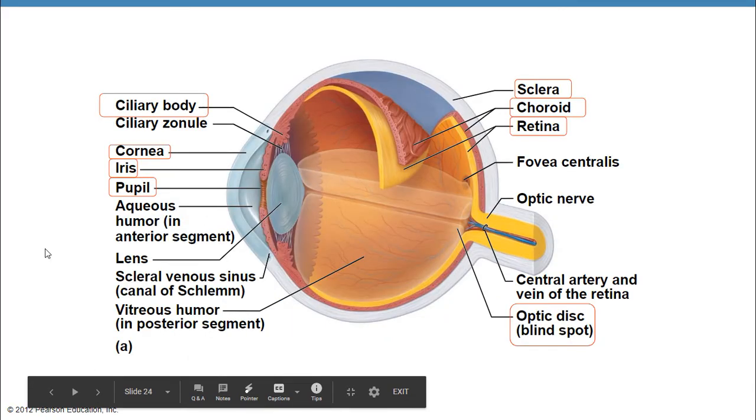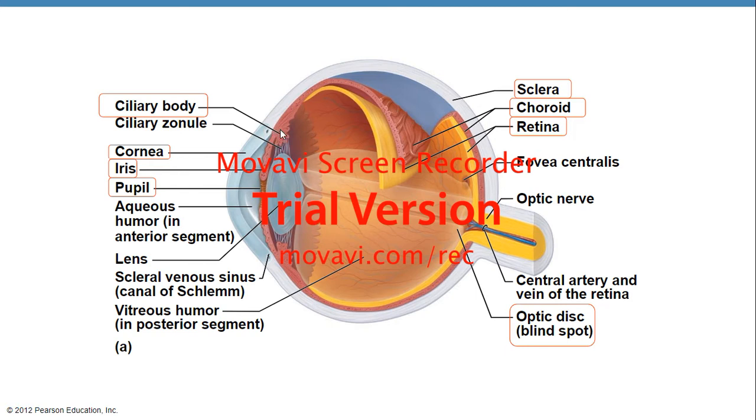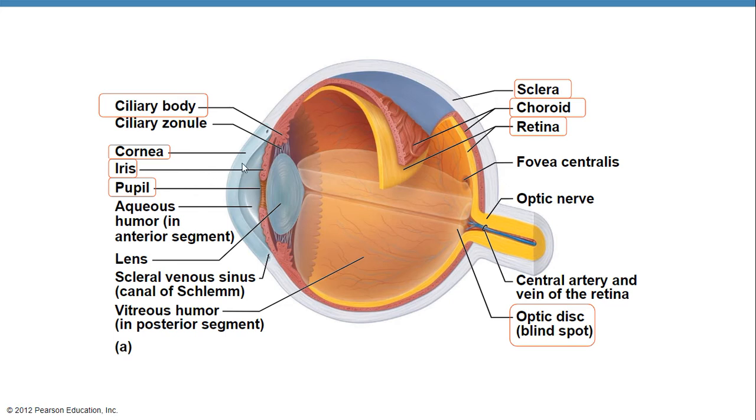So this slide allows you to see the structures in the diagram. The ciliary body right here, you see attached to the lens. The cornea, transparent, the front part, anterior part of the eye. The iris right here gives the eye its color, and the pupil is just the opening in the iris.